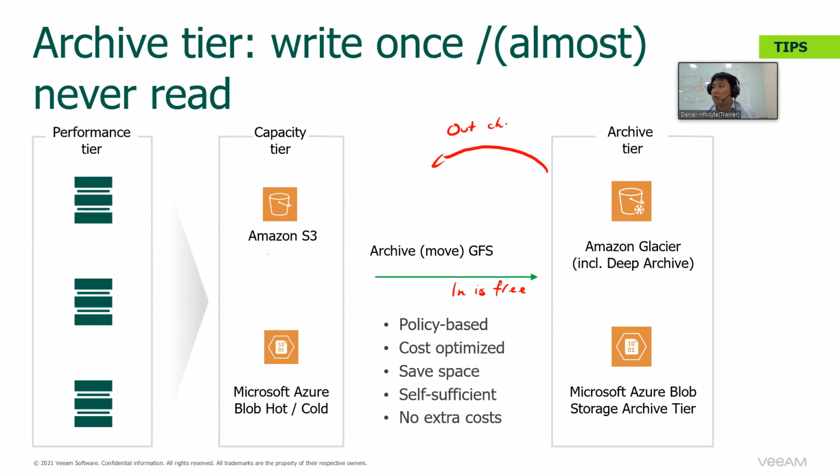Going out, they charge higher. Moving data out from Glacier, they will charge even higher. So it moves to the capacity tier, and then the capacity tier will need to go out again for another charge. So compared to that, the regular tier download fee is cheaper.